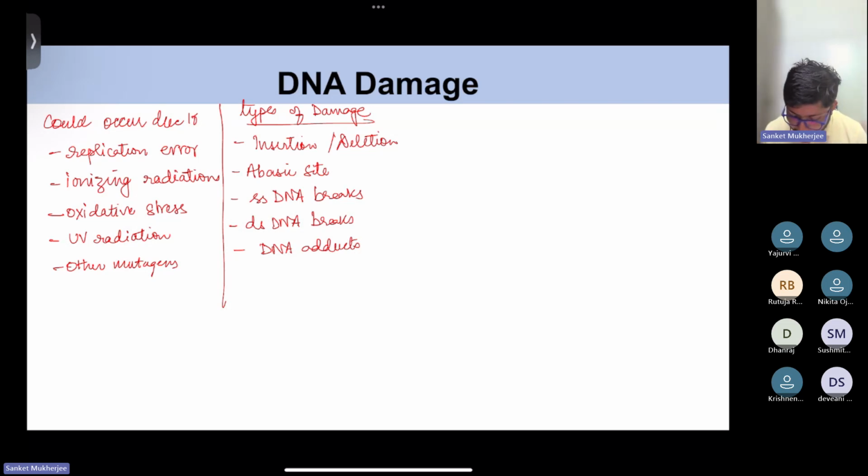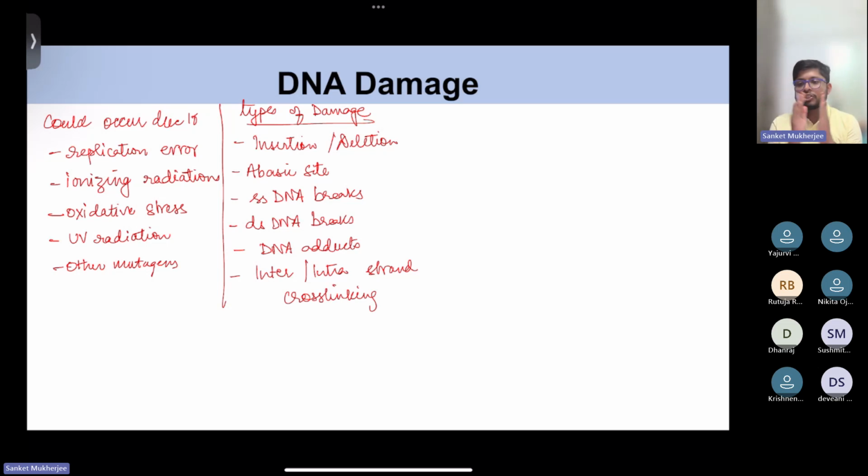Now, there could be other things, like inter or intra strand cross-linking. If there are two strands of DNA, one base is complementary to the other base, that's how it is done.